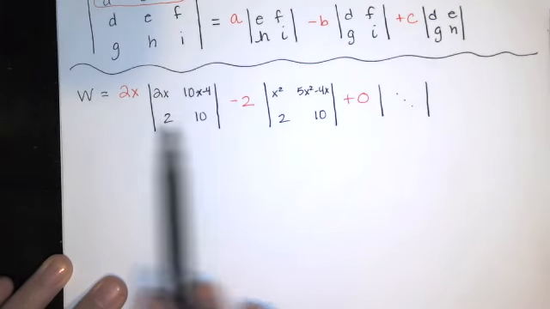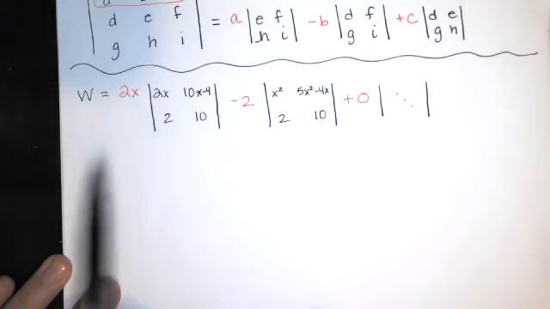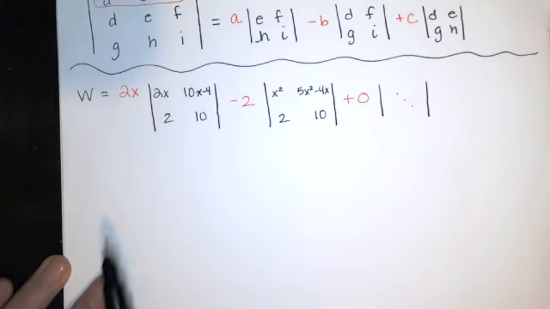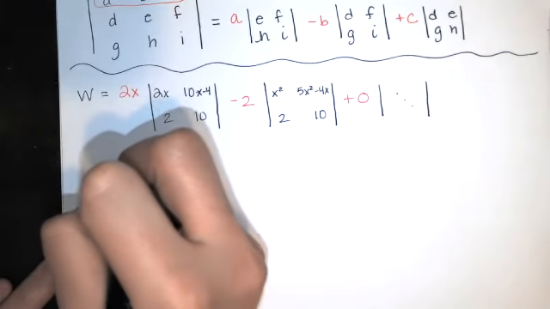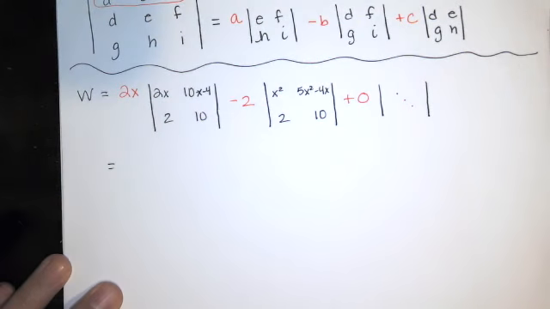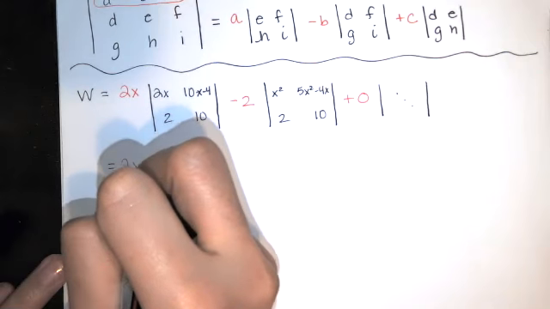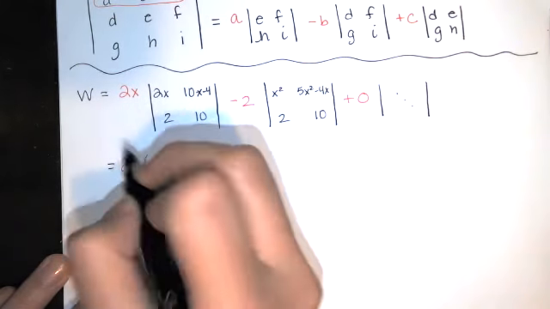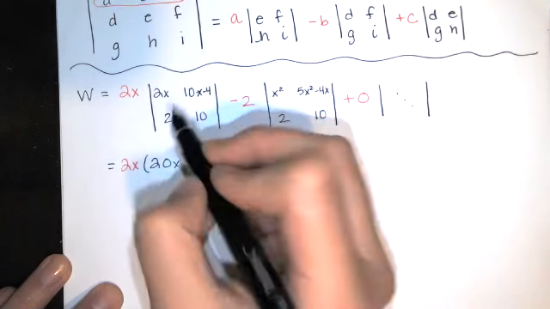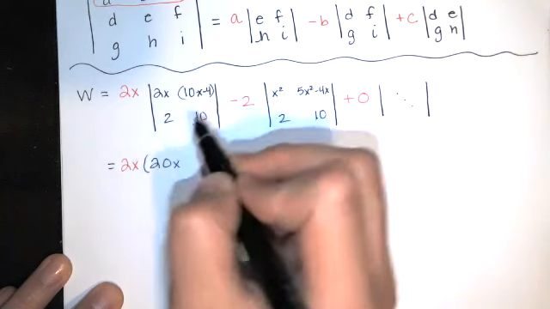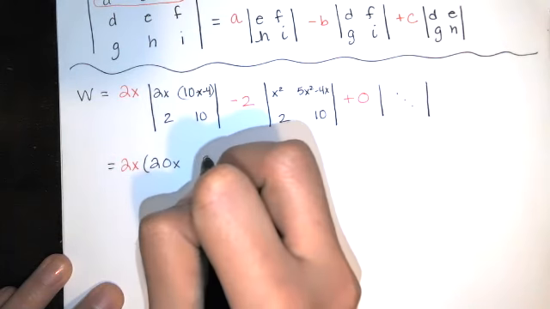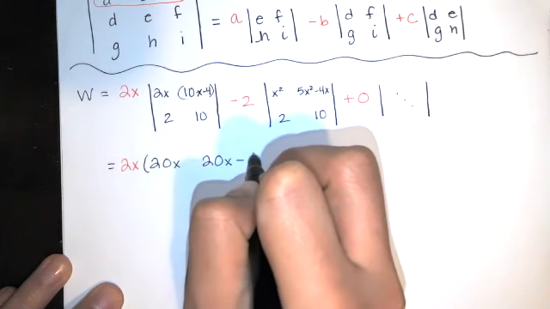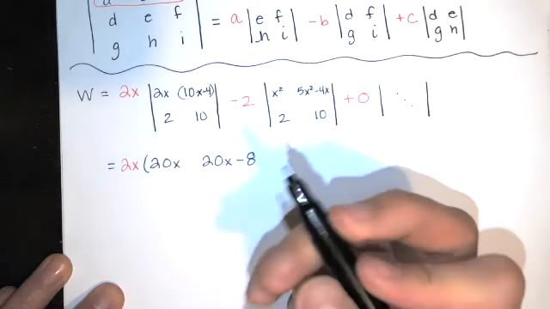And we can do that by evaluating this. Since the set is linearly dependent, we should get a 0. So we'll have 2x times this quantity. 2x times 10 is 20x, and then 2 times this quantity. If I distribute that, I'll have 20x minus 8, but I'm subtracting that.